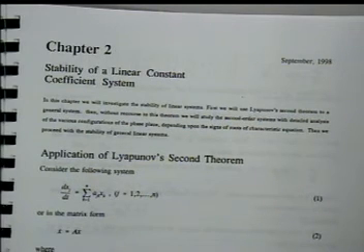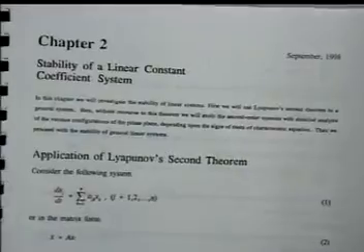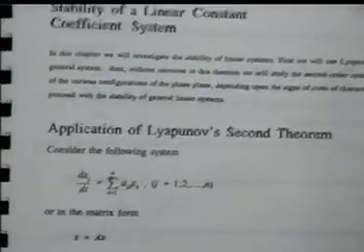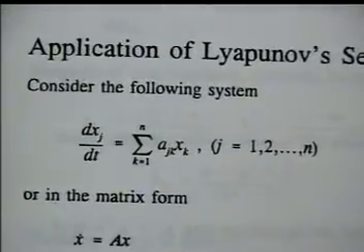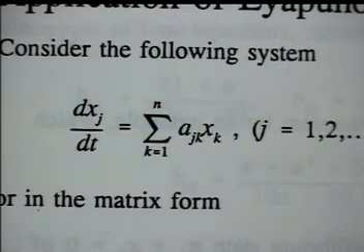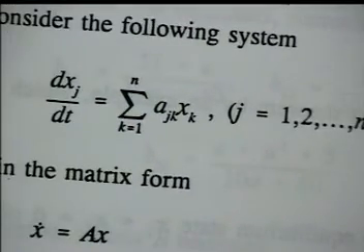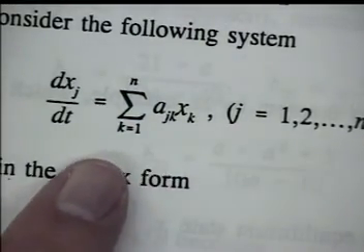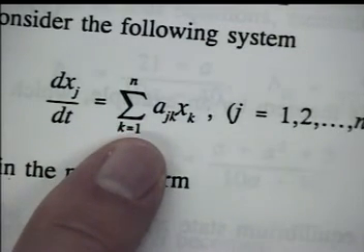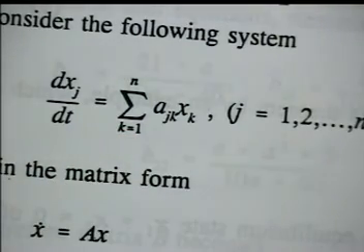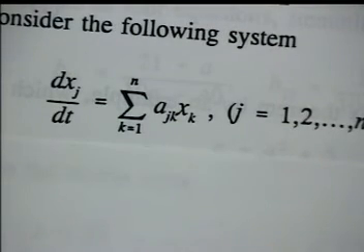So let us consider a system. You have these pages. We consider this linear system: dxj dt equals the sum over k from 1 to n of ajk xk. This writing is, of course, an abbreviation.